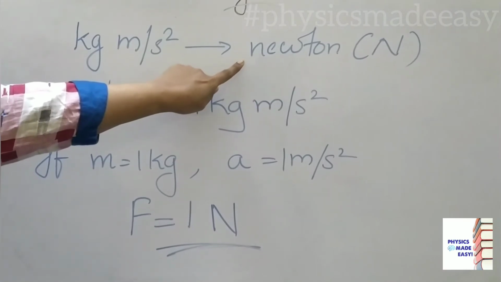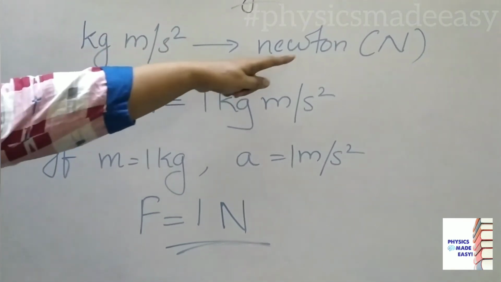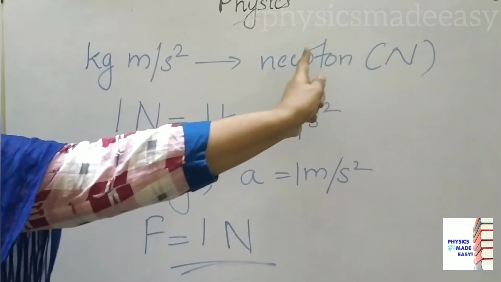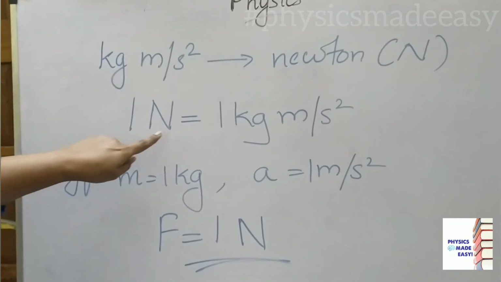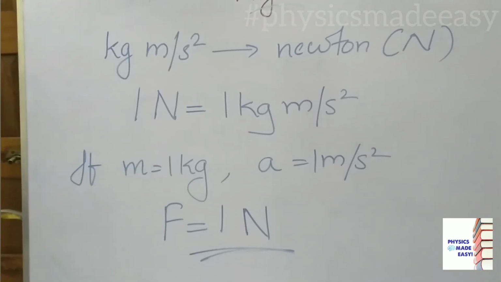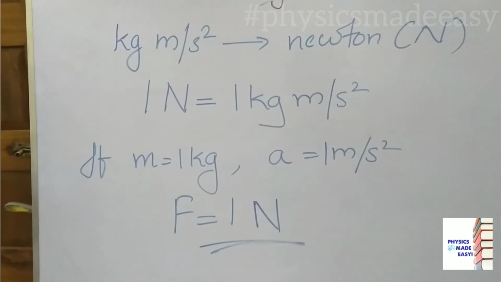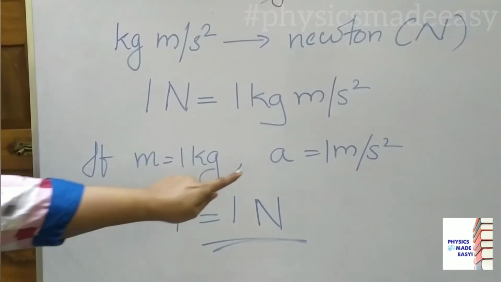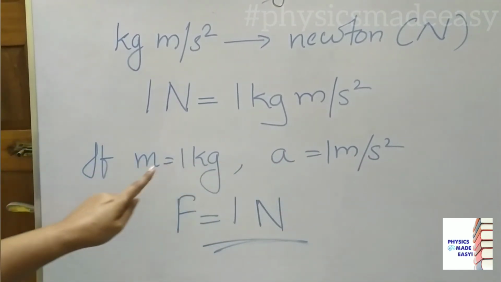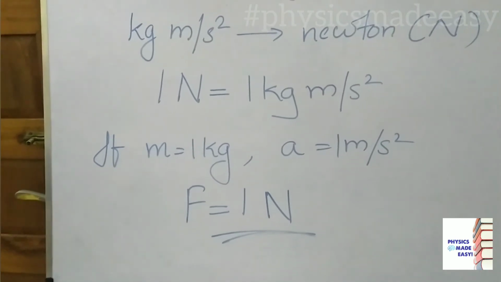Newton is the unit of force, that is equal to kilogram meter per second square. Here you can see capital letter N, that we can use for this Newton. Here 1 Newton is equal to 1 kilogram meter per second square. How to define 1 Newton of force? That is the amount of force that can produce an acceleration of 1 meter per second square in an object having mass 1 kilogram.